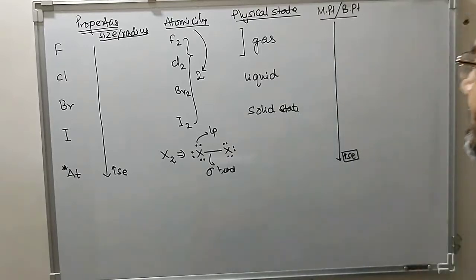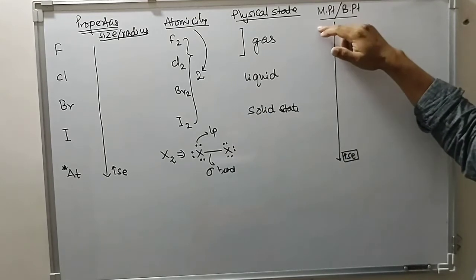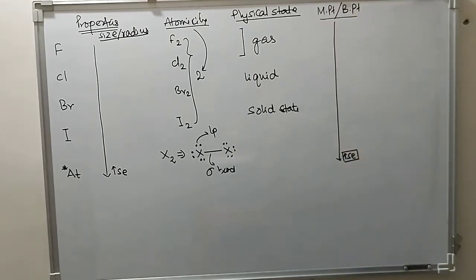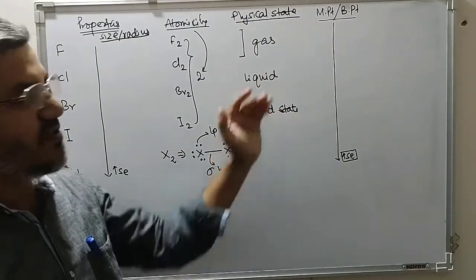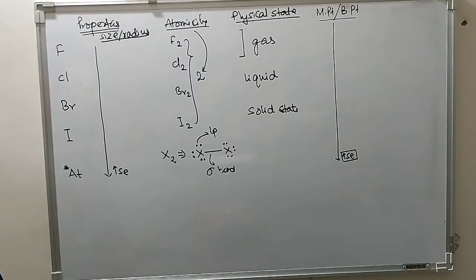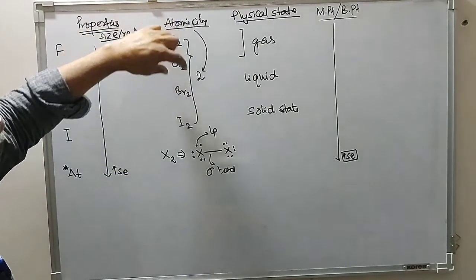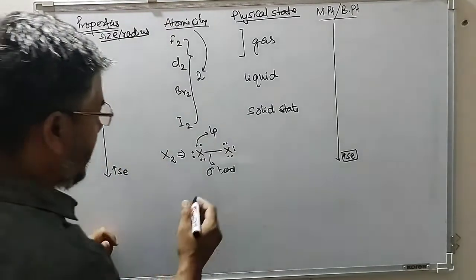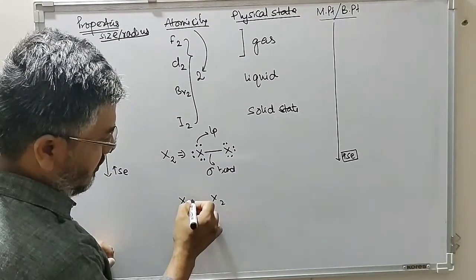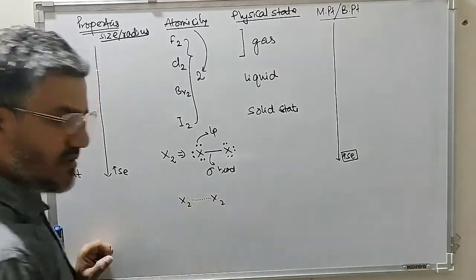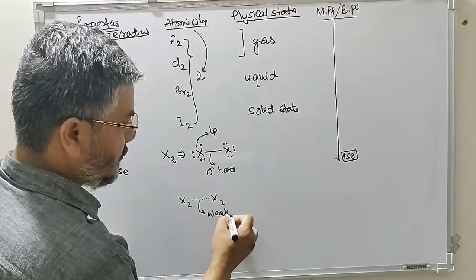We can easily explain this increase in melting point and boiling point down the group from fluorine to iodine based on their size or intermolecular attractive force. Now look at this: fluorine, chlorine, bromine or iodine are X2. The intermolecular attractive force between these X2 molecules is weak van der Waals force.